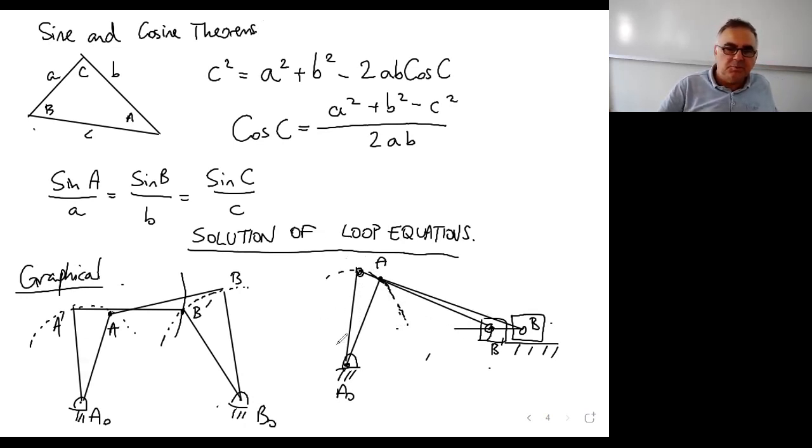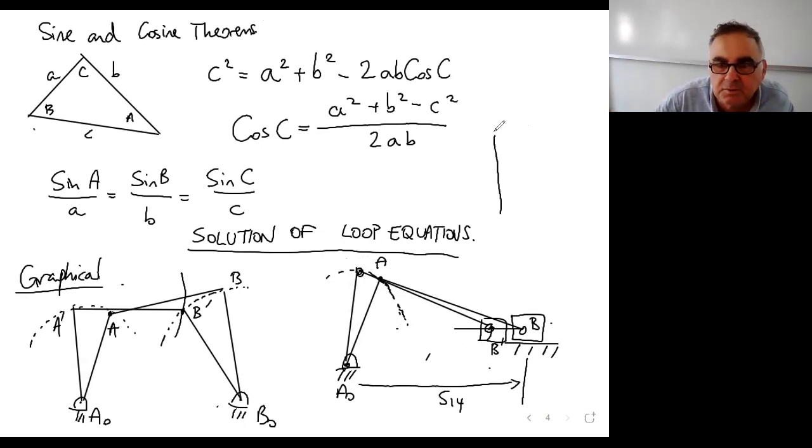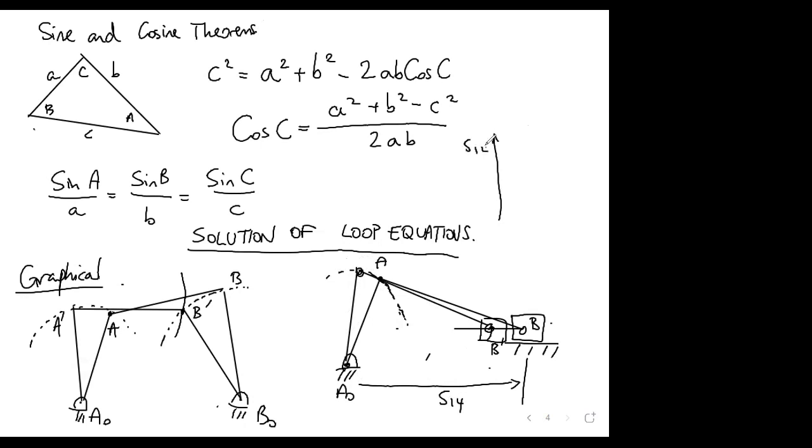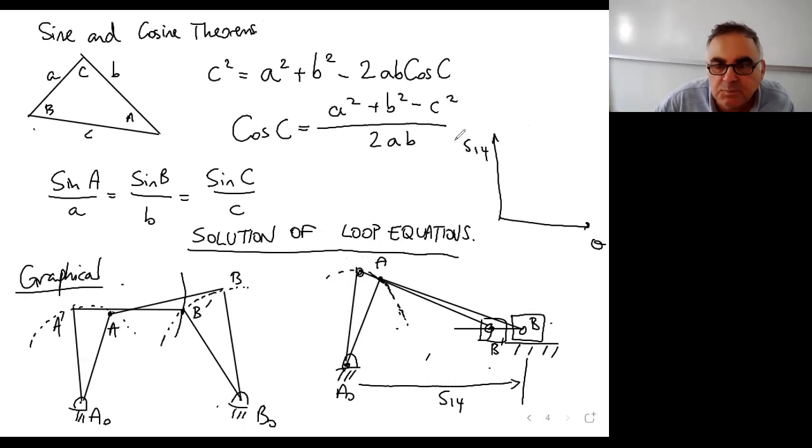And we can keep on doing this for all 360 degrees, and then plot this distance. Let's say if we call this distance S14, we can plot S14 versus theta, and it will be something like this, as a matter of fact.